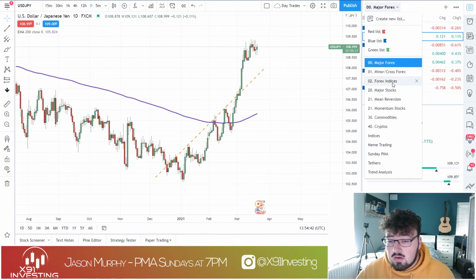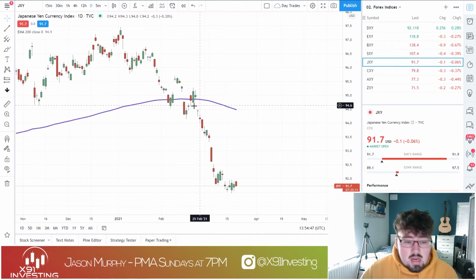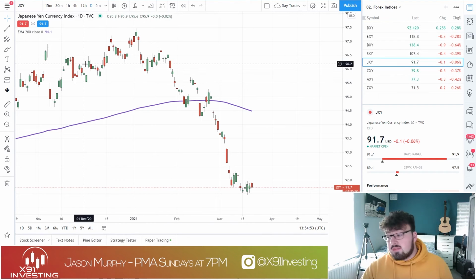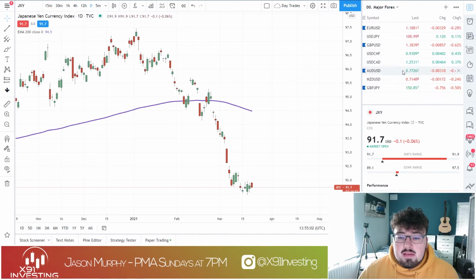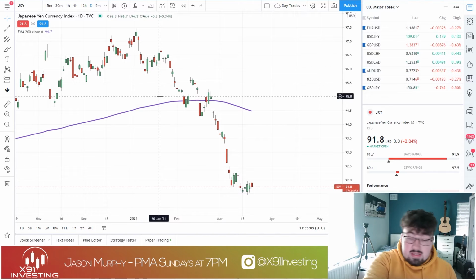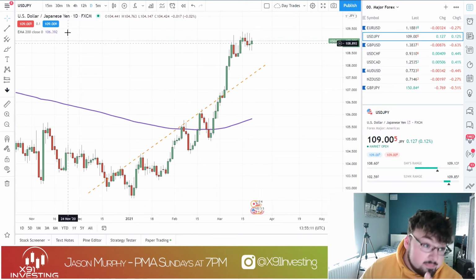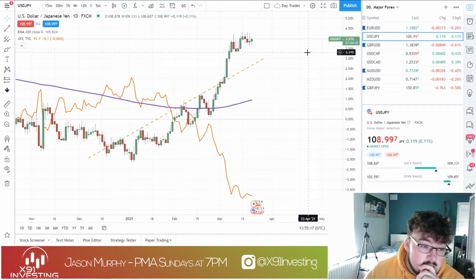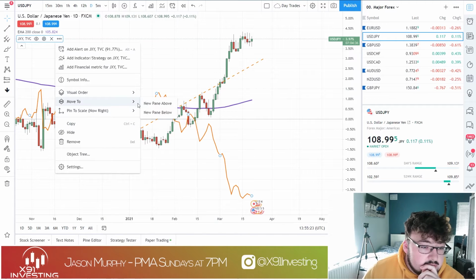We can use other things called the forex indices, and we can go to the Japanese yen index. This is the currency index, the strength of the yen itself, and we have the USD as the other half of the pair. When I'm analyzing indices of currencies, I open the pair I'm thinking about trading, click this little circle and put in the JXY, click on that data, and use the three dots to move it to a new pane below.